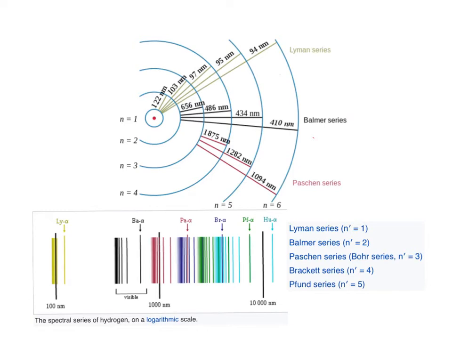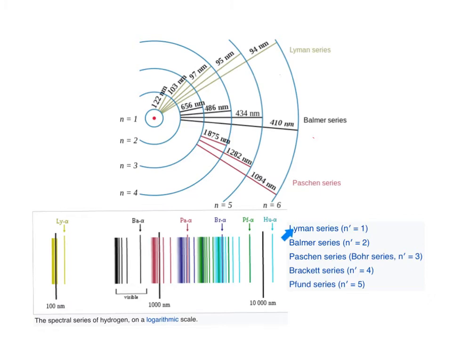And so if we look at the full spectrum that would be produced by all these transitions, including seeing the unseen, being able to detect the transitions that give off photons that are in the ultraviolet range and outside of the visible range, for instance in the infrared range, then we get a whole series of lines.